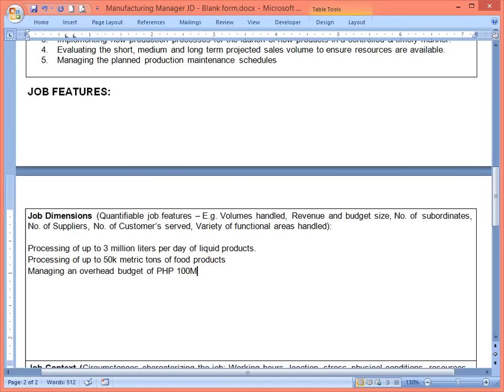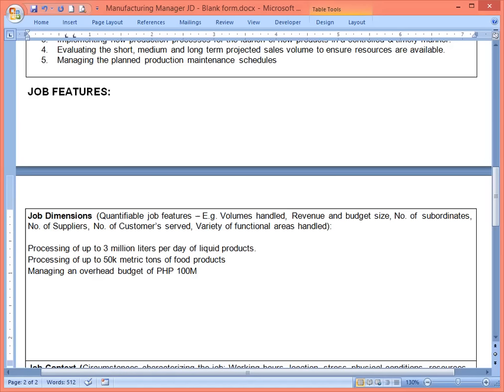And also there are lots of formalities. So that's why the GM for distribution and logistics should have technical know-how in terms of multimodal logistics. You're moving goods by ship, by airplane, or by railway. So those are multimodal.